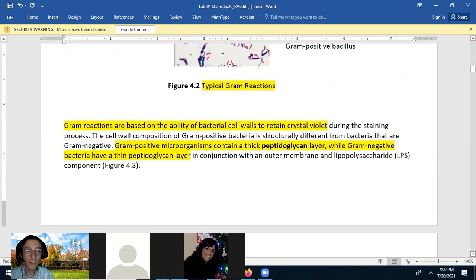The gram reactions are based on the ability of the cell wall to retain the crystal violet. Gram-positive microorganisms contain a thick peptidoglycan layer, whereas gram-negative bacteria have a thin peptidoglycan layer.